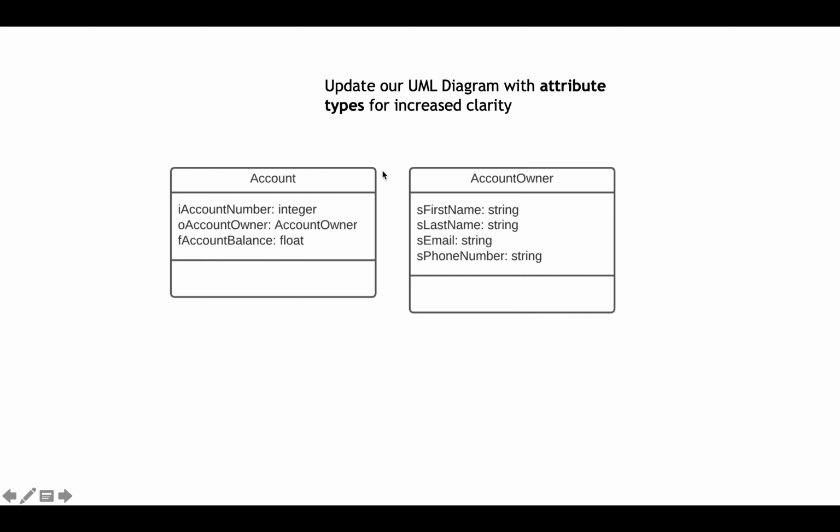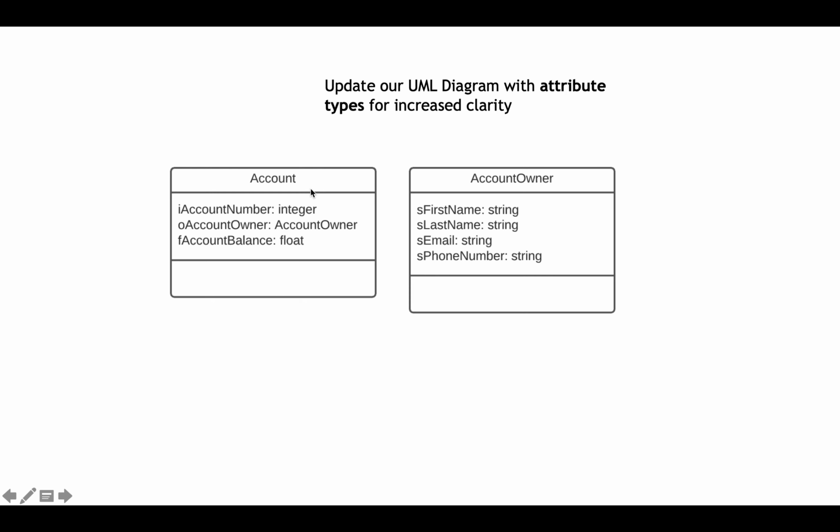Okay, so here's a way that we could represent that in our class diagrams. We could have over here on the left-hand side account, and it has 3 different attribute names, which you've seen before, but I've added something new, which is the type of variable over on the right-hand side. Now in JavaScript, it isn't strictly necessary to declare in your code what type of variable it is. In other languages, you would need to think about this.